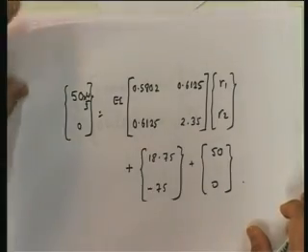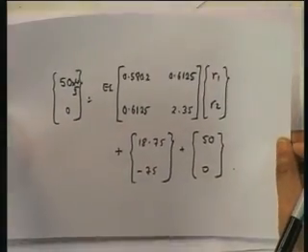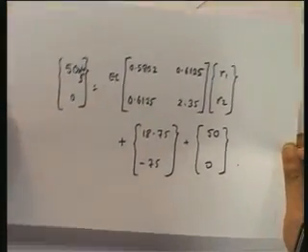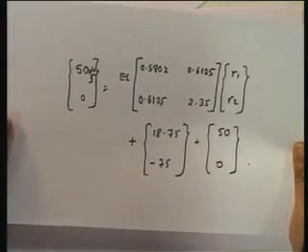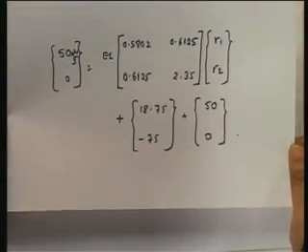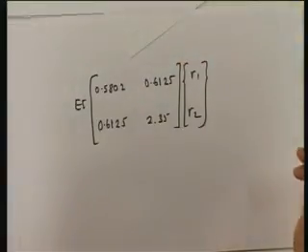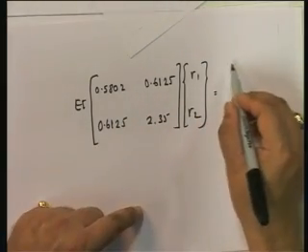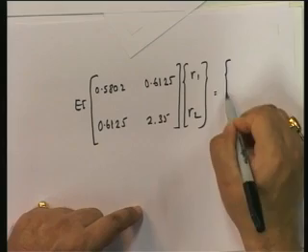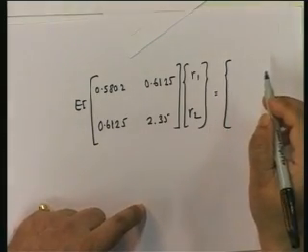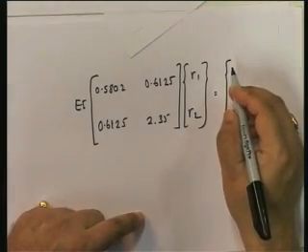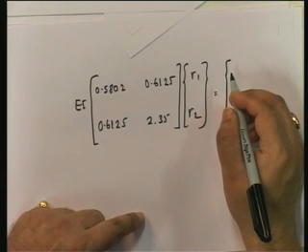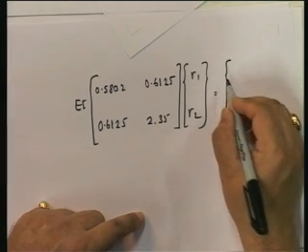So when you have 4 by 3, you're going to have it equal to 50 by 3 minus 18 by 5.